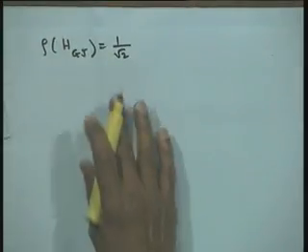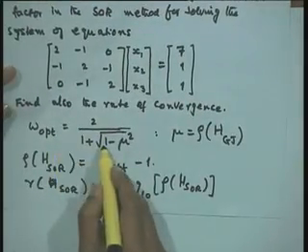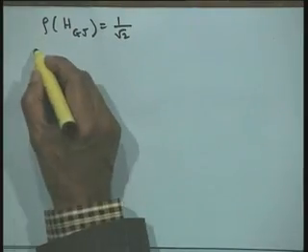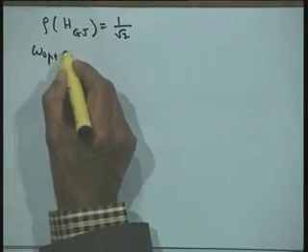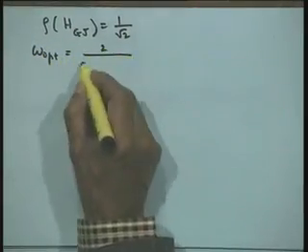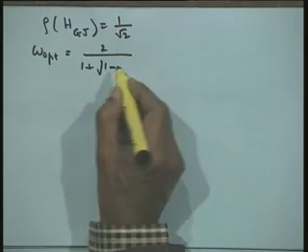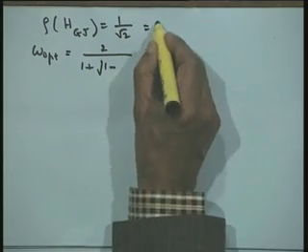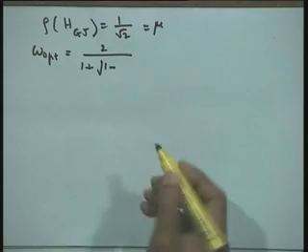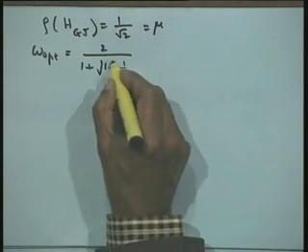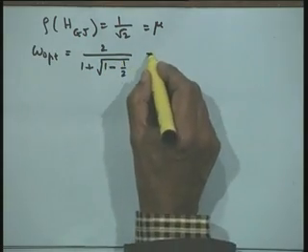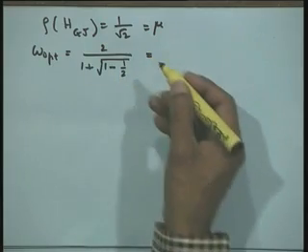Now, I would substitute in the value of omega optimum. Therefore, omega optimum will be 2 divided by 1 plus the square root of 1 minus mu squared. This is our mu, which is 1 upon 2. So, let us take this 2 up.